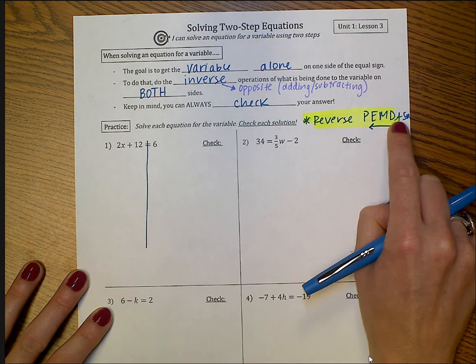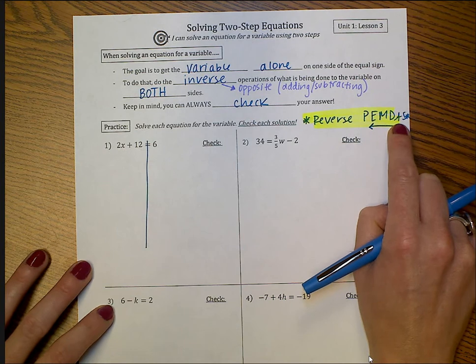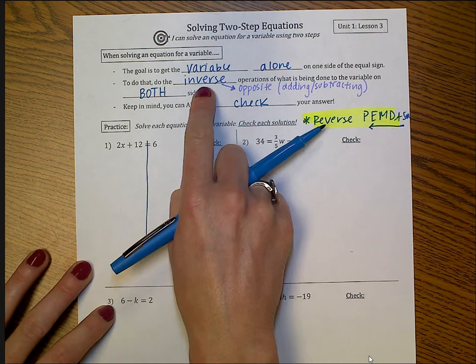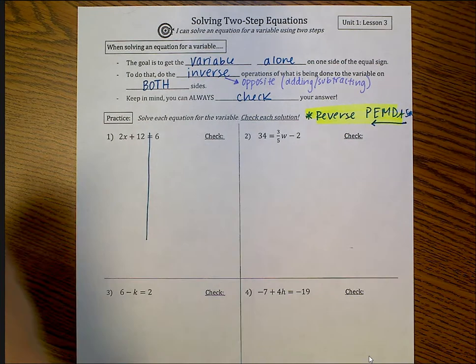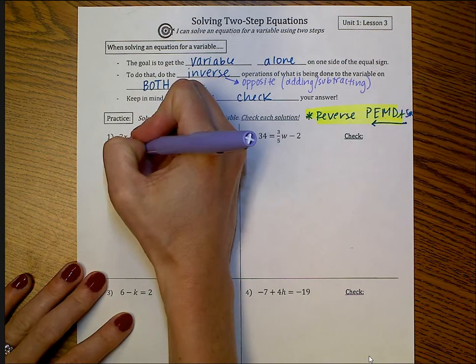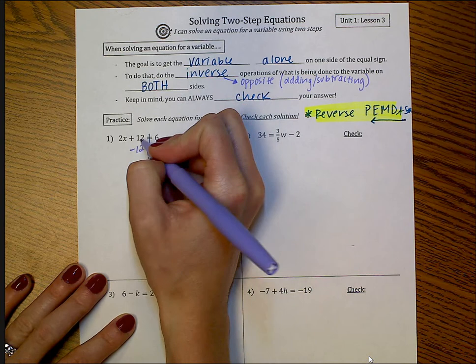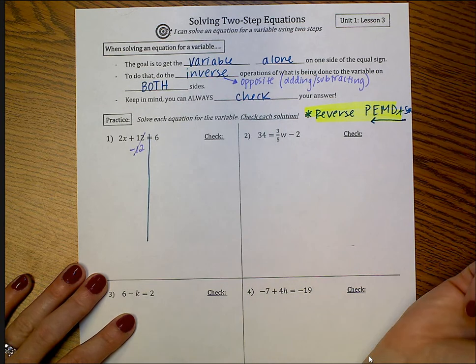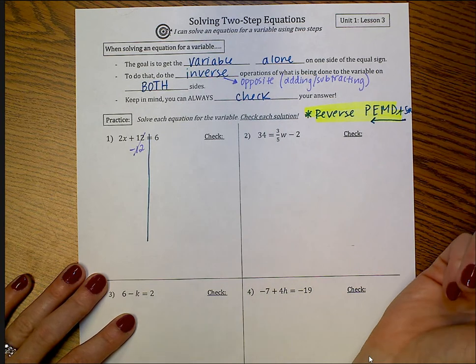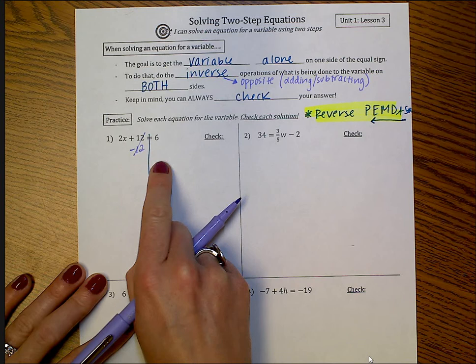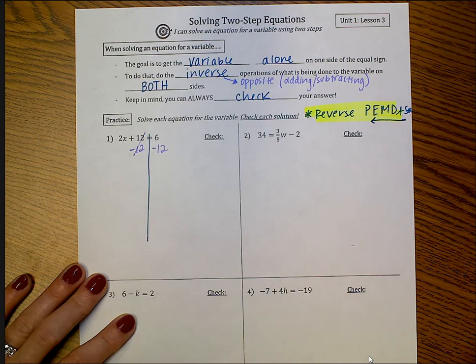I'm going to take care of the adding and subtracting first by doing the inverse. So if I'm adding 12, I need to do the opposite and subtract 12. Now, 12 minus 12 is 0, so I'm going to cross those off. Those will cancel. Whatever I do to one side, I have to do to the other. So I'm going to subtract 12 from the 6.